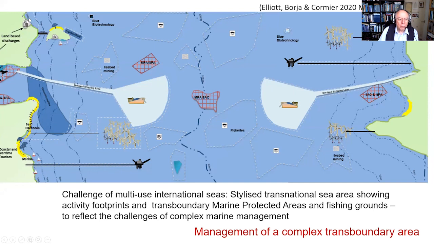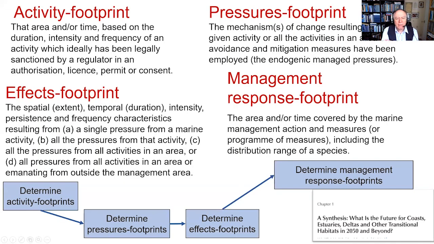There are the ports, the land-based discharges, the aquaculture on the land and attached to the land, offshore wind farms, and we need to get the cables ashore, bathing beaches, oil rigs, you name it. So we started thinking about the size of the problem, and you can do this for the land activities as well as the sea. We started thinking about these in terms of a footprint of the activity. Where does an activity take place?